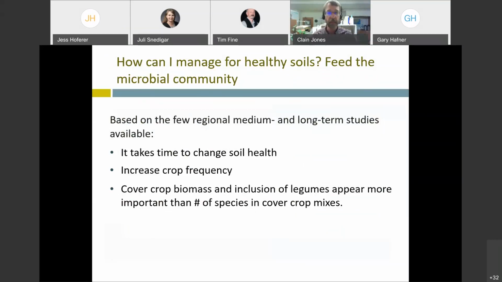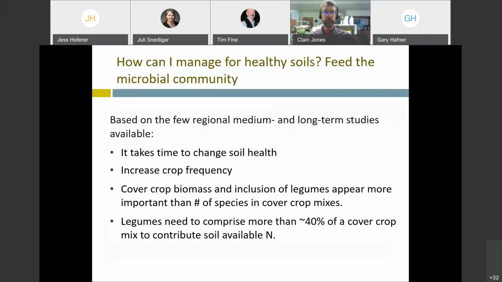Cover crop biomass and the inclusion of legumes does appear to be more important than the number of species or cover crop mixture or diversity. Work done in Oregon has shown that legumes need to comprise more than about 40% of a cover crop to contribute noticeable or meaningful available soil nitrogen.